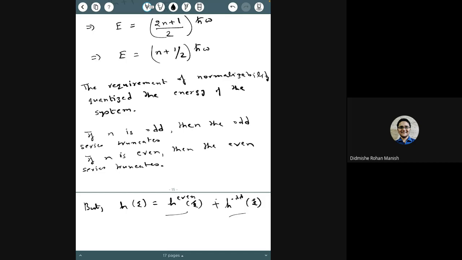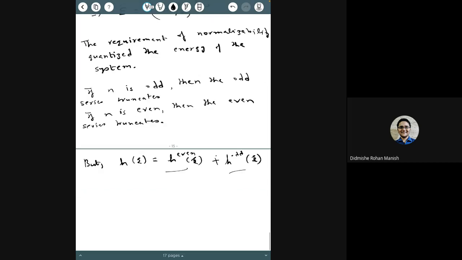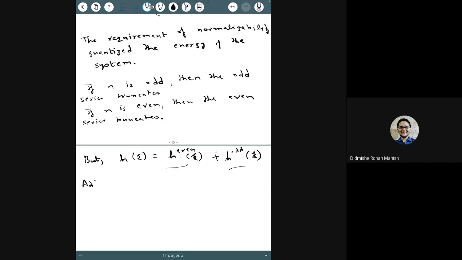So this condition of normalizability also means that there is an additional requirement that h psi is either even or odd. So the solution of h psi is a sum of even and odd, although that is what you would expect from the differential equation. The general solution again is not valid, and you only have solutions which are either even or odd.